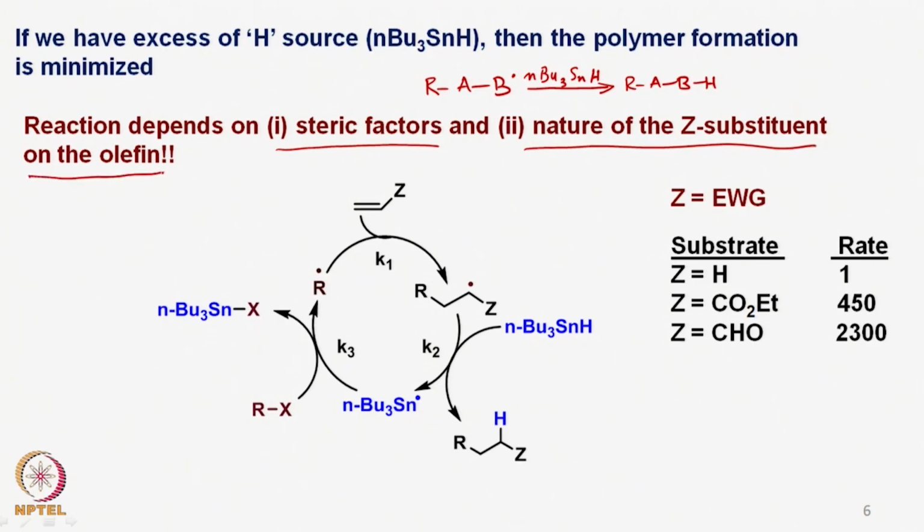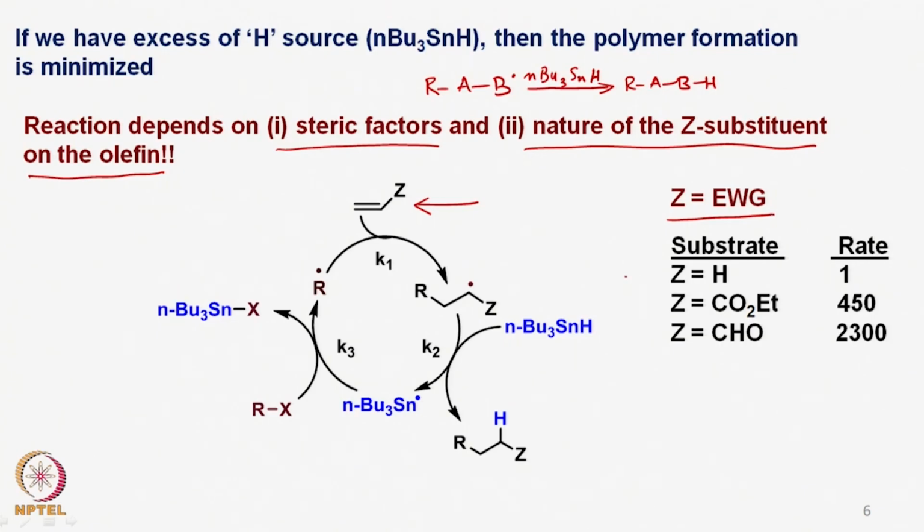on the olefin. What is found is that if one takes an olefin of this kind where there is one Z substituent, and if Z happens to be an electron withdrawing group, then the formation of the first CC bond could be arrested.